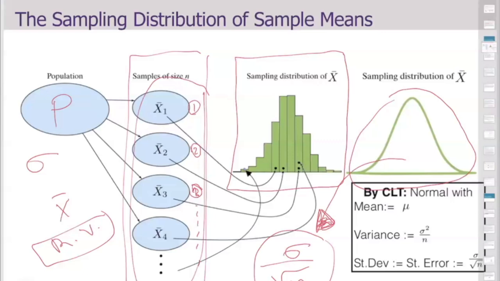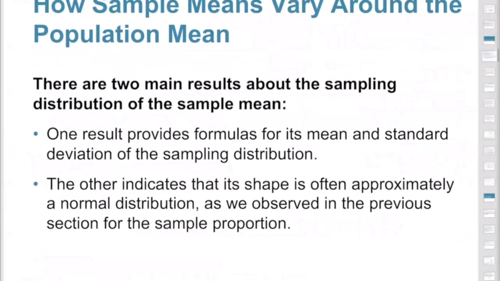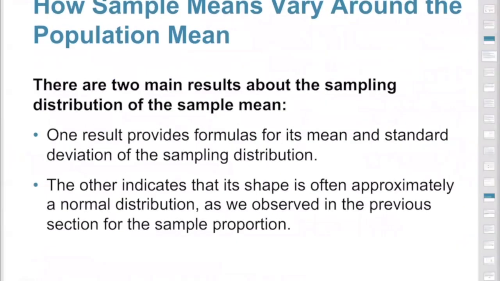This is the difference between the population standard deviation and the sample mean's standard deviation: sigma divided by square root of n. And we will see that in detail after a while.